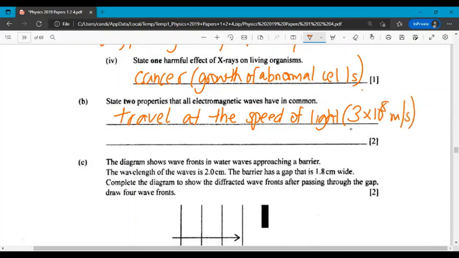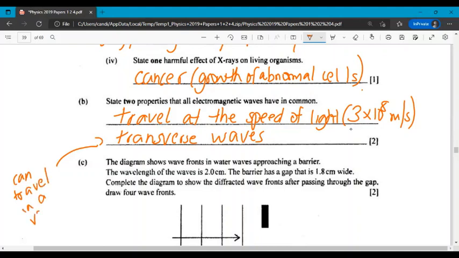And they are all transverse waves. That's another one. You can also, just to throw an extra one in here, can travel in a vacuum. Okay.